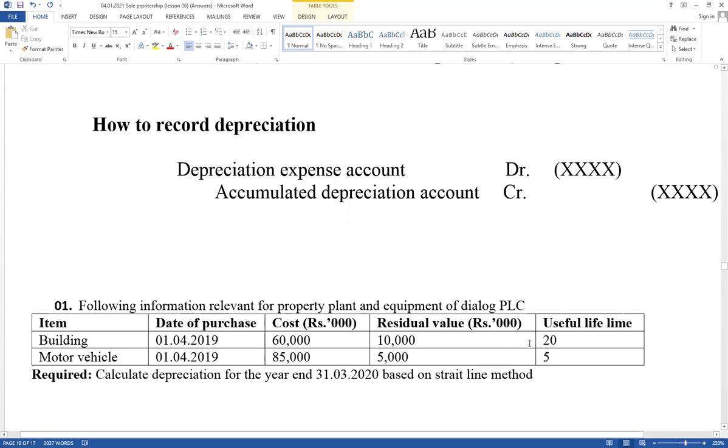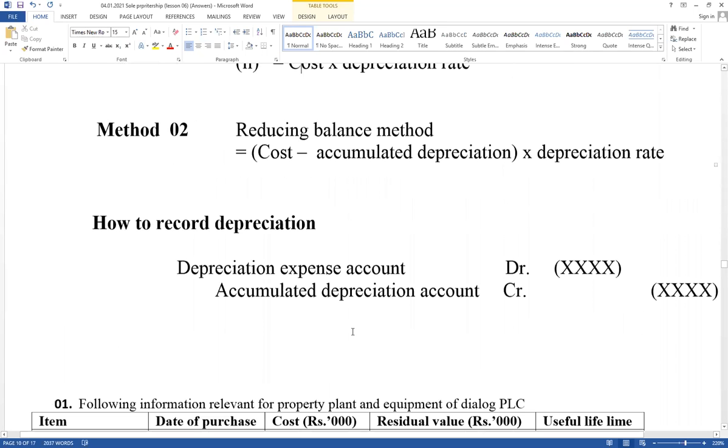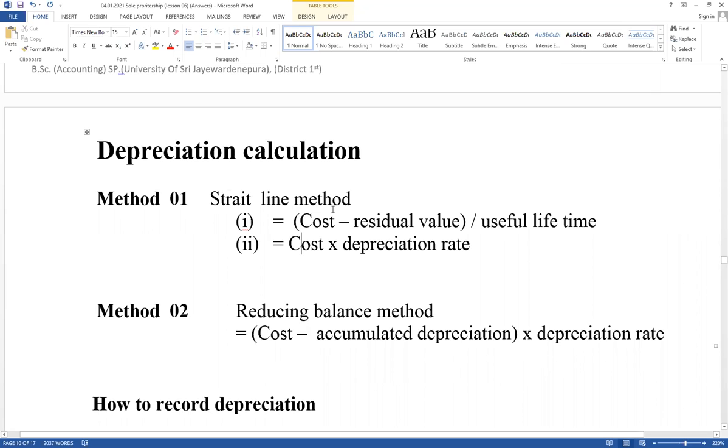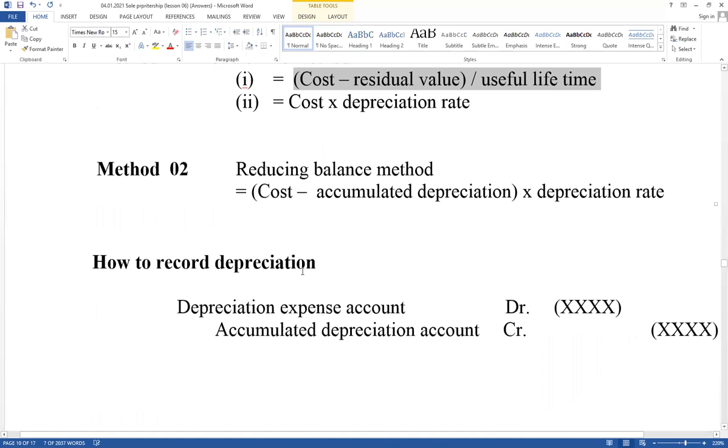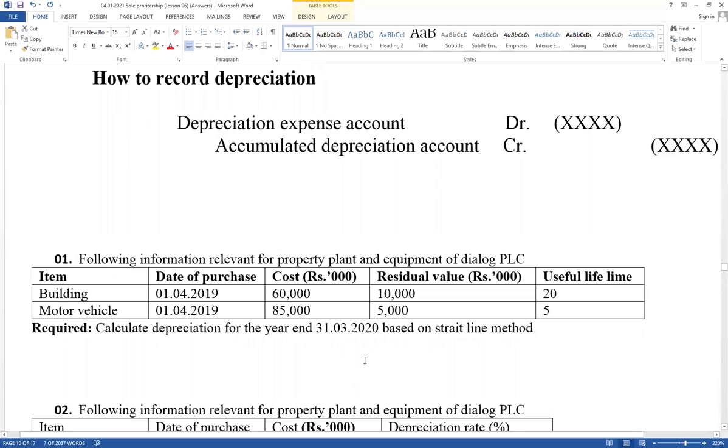It has not given a depreciation rate. Think about the depreciation calculation equation. If cost value, residual value, and useful lifetime are given, you have to apply the first equation. This is the equation you have to apply. Percentage is not given. Therefore, the first equation should be applied. This is straight line basis.